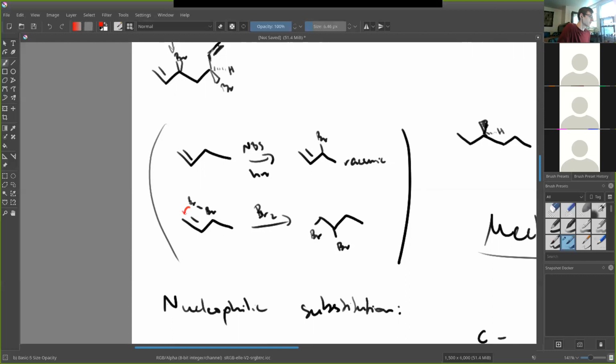But this bromine just goes and sits on there, and this one sits on there. Okay. So the reason you can't use bromine whenever you have a double bond is because it's just going to do this instead. This is way easier to do than a radical mechanism, right? This happens, it literally just sits on top of it.